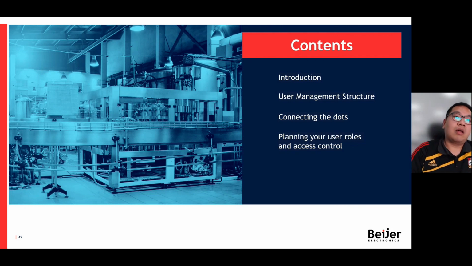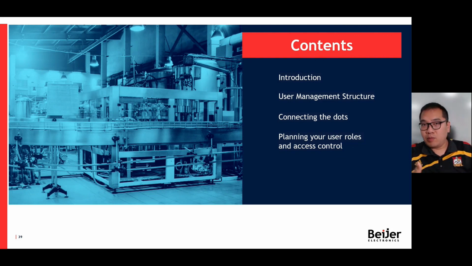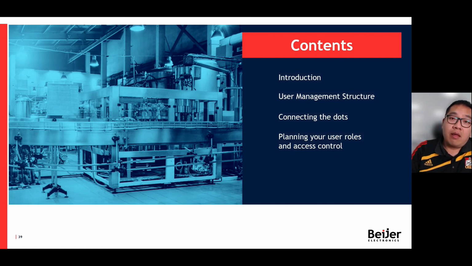Then we also went through a specific example of how you can use the access control matrix that we provide to plan who can have access to what. I'd like to say again that this is not the model answer, but it's something to get you started with.